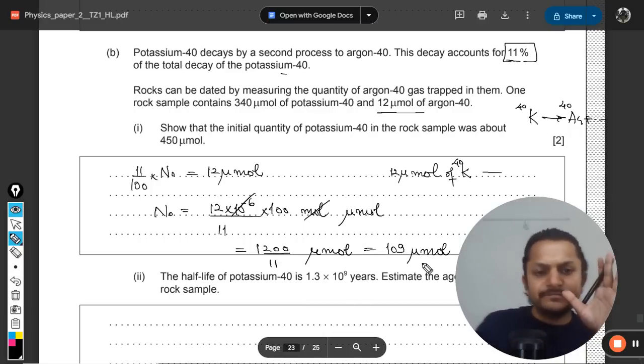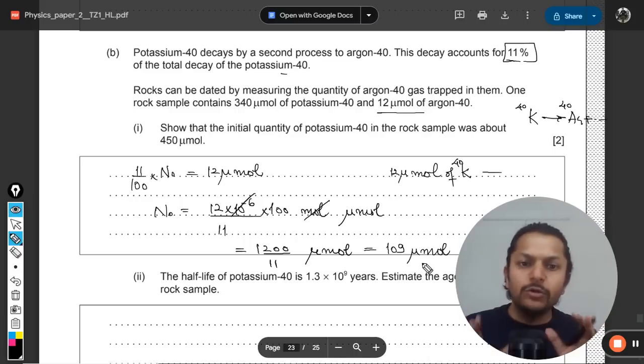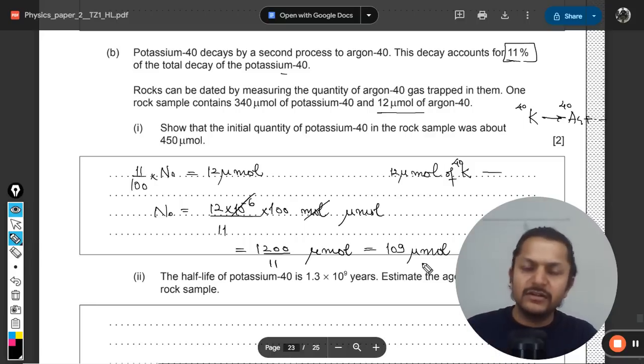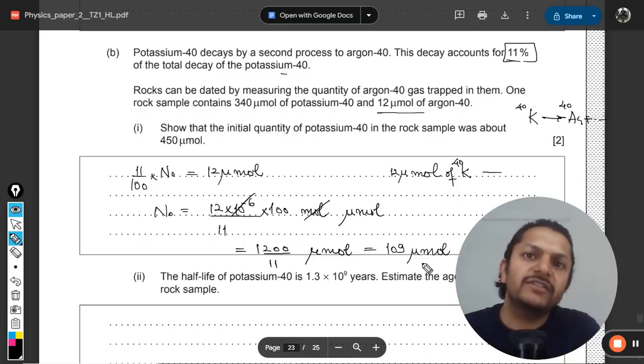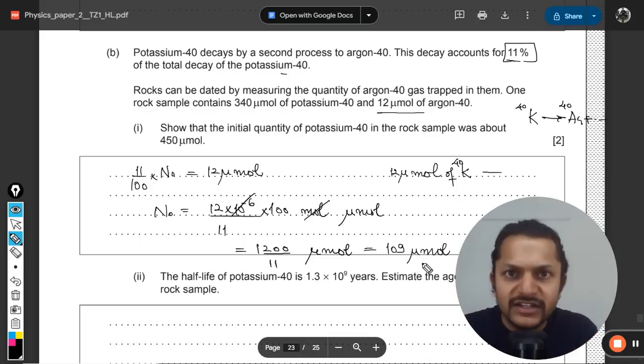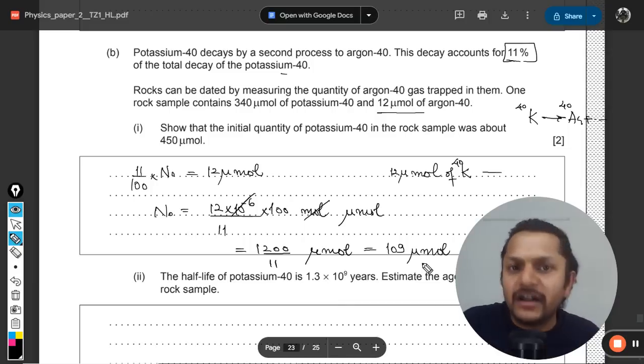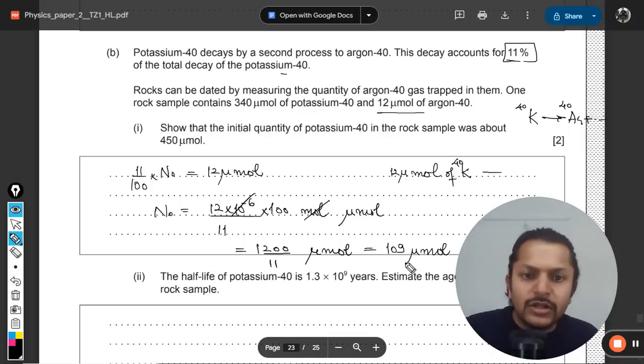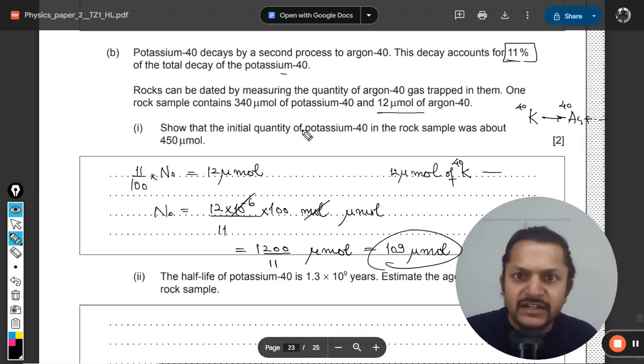It means 109 micromole of potassium underwent the disintegration. Out of this, 11% of the potassium disintegrations created argon, which comes out to be 12 micromole. So this much was earlier present.